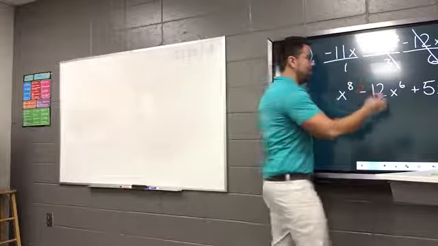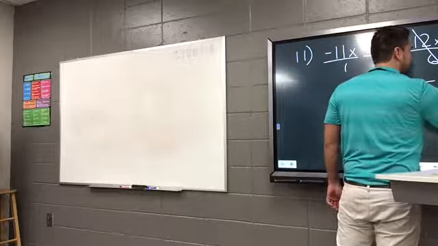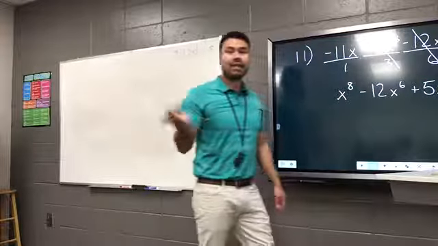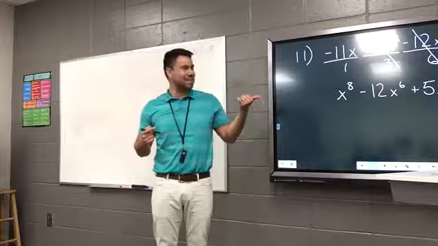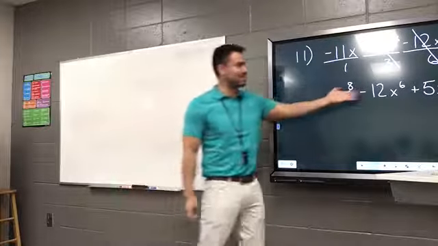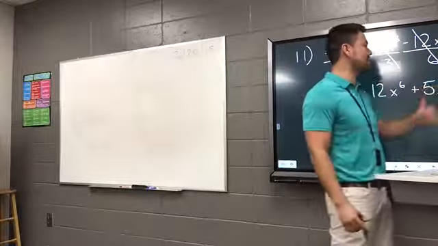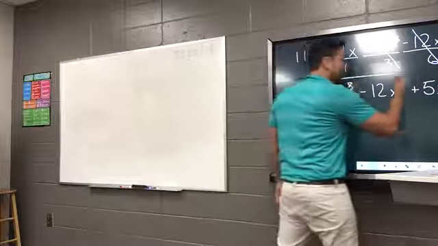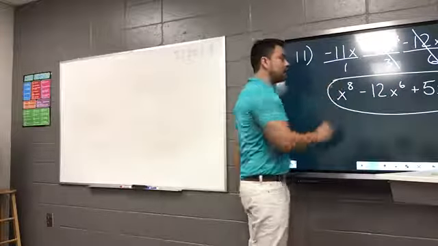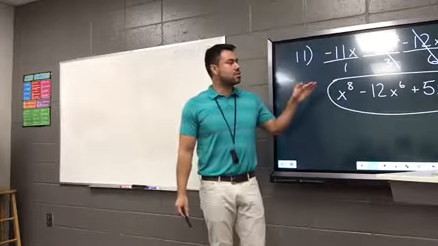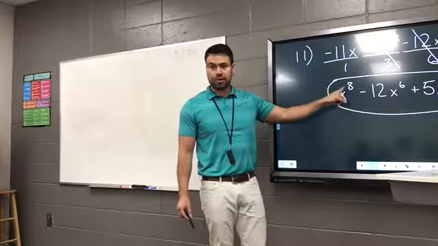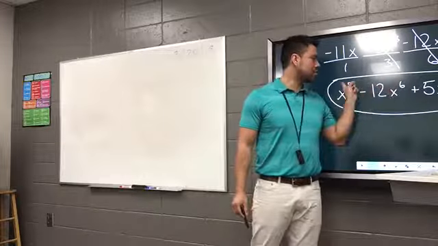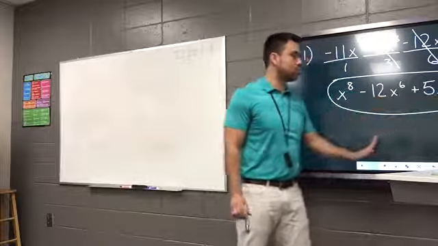And last. Last and least. Pun intended. Why is it last and least? Because yes, it is the last term, and yes, it is the least. That would be negative 11x. Okay, are these terms written in descending order of the power of x? Yep, 8, 6, 3, 1. We're good with that one.